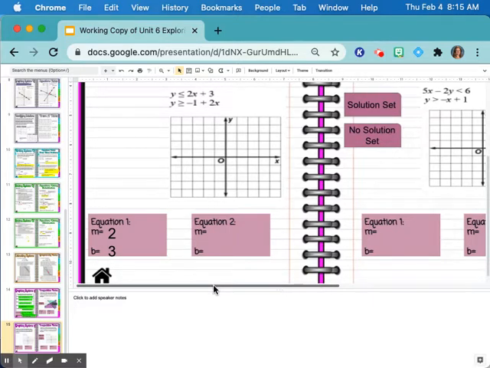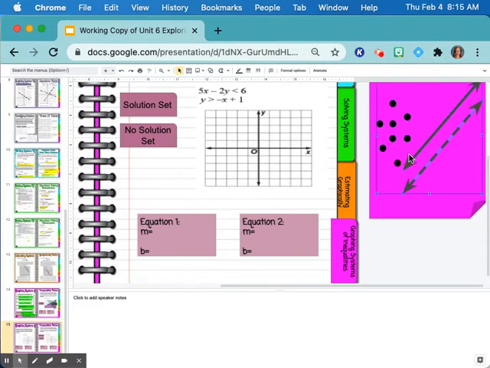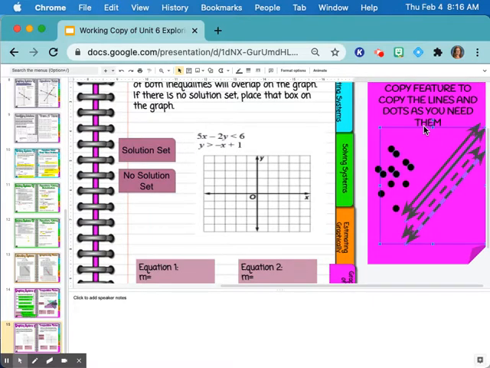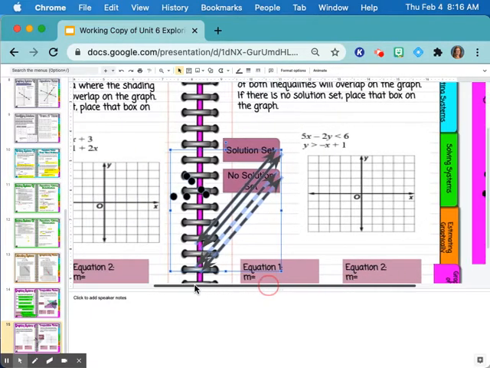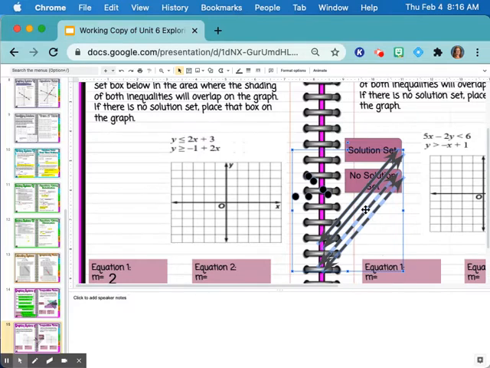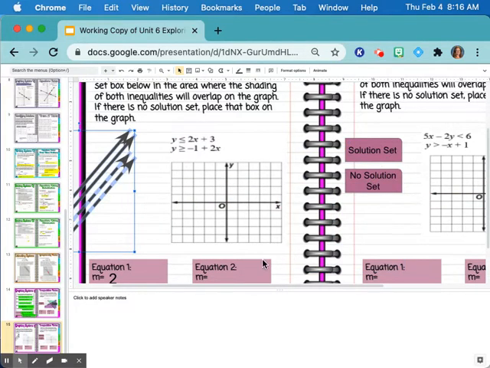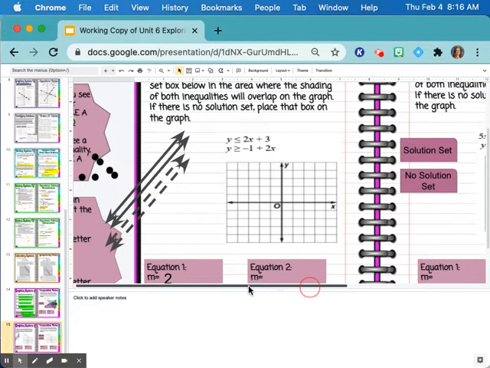We need some points, so come over here. Grab some of these points, Control C, Control V. And you can take some of the points over here, just to help you. Okay, so we have y-intercept at 3 and our slope at 2.